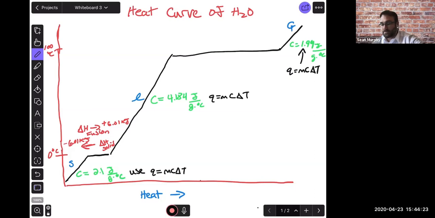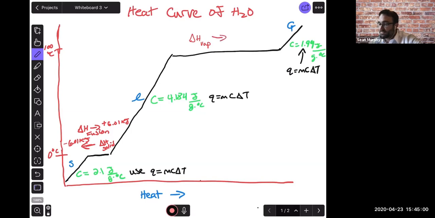Now let's talk about the phase change at 100 degrees. As you can see, it's going to take a lot more heat for the same amount of water. It takes a lot more heat to boil it than it does to melt it. If we are going from left to right, we call that the delta H of vaporization. We're creating a vapor.